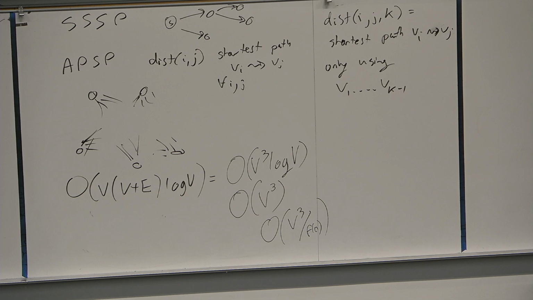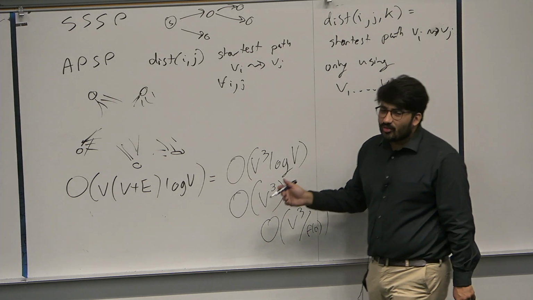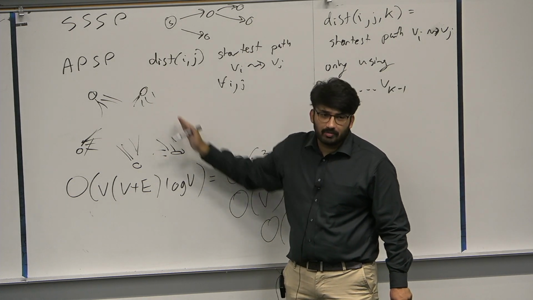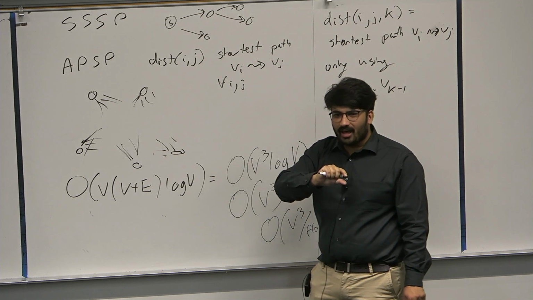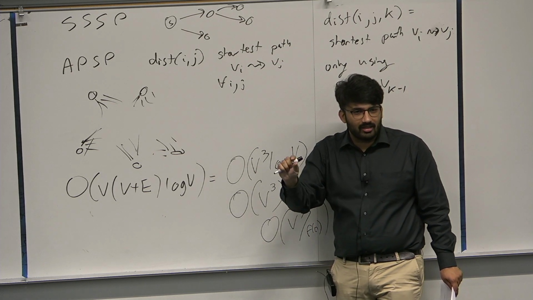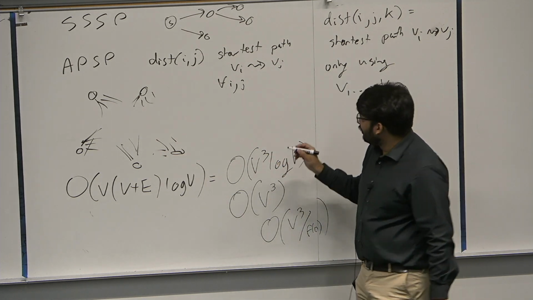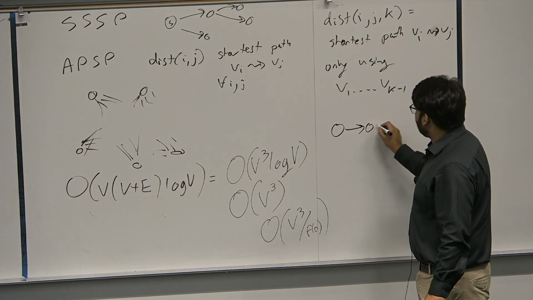The intuition is that you don't need to recompute Dijkstra's each time because a lot of that information is repeated, right? It could be the case you have a bidirectional path and the shortest path from A to B is the B to A, so you don't need to run that twice in such a case. But if you have a shortest path, every path along that shortest path is also a shortest path, right? So let's say this is a shortest path.